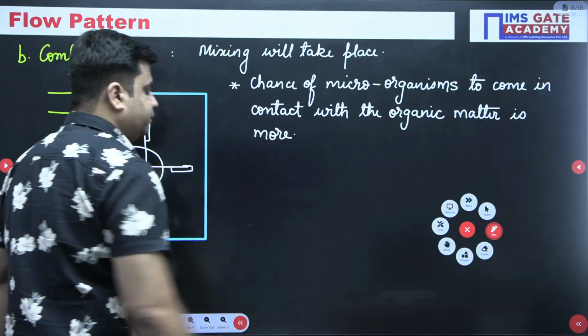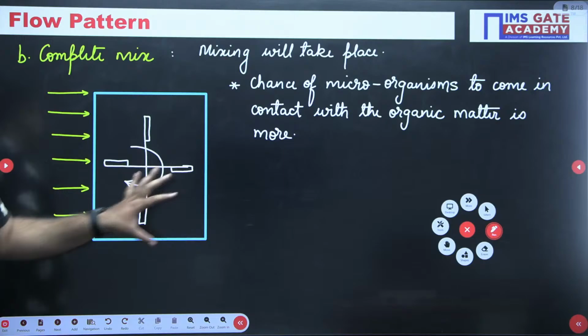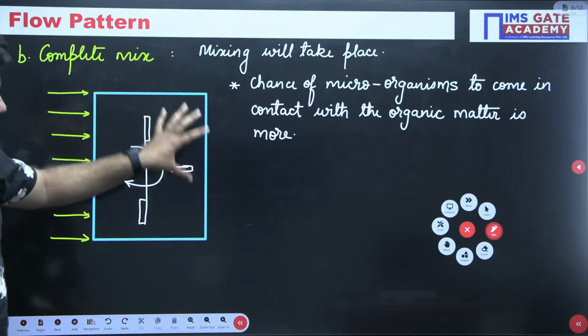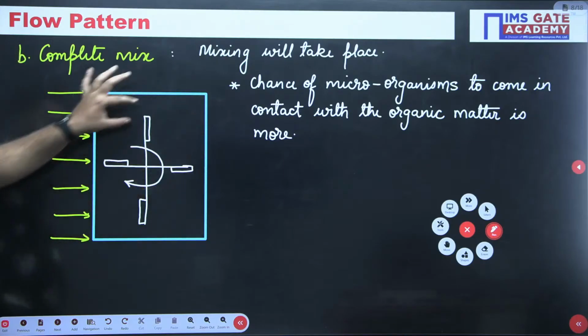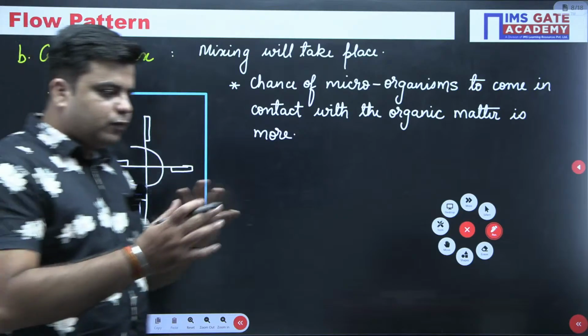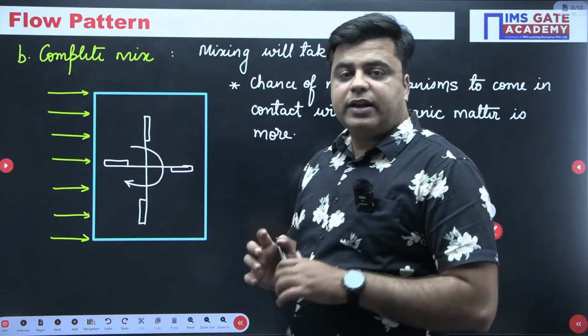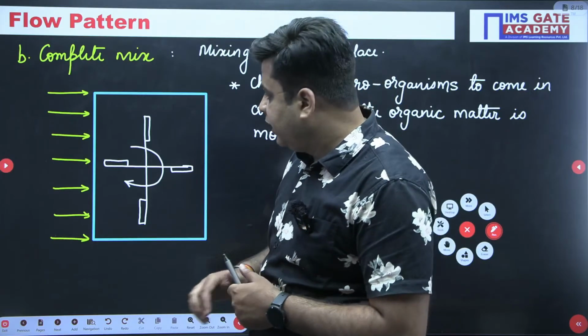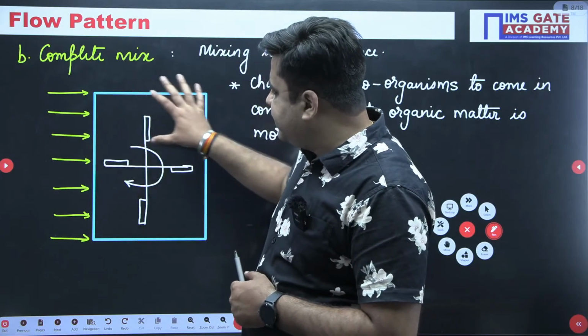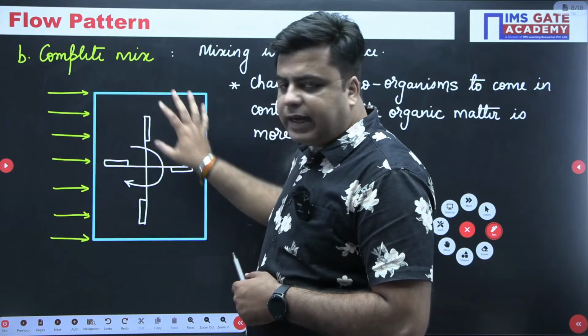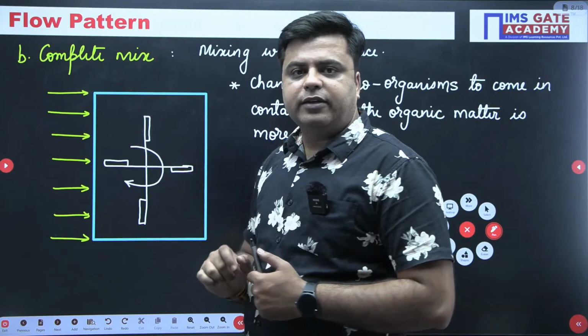Now next thing, it's a complete mix, which means this entire mixed liquor, the entire wastewater, is mixed. So whatever organic matter and microorganisms we are talking about, they will be uniformly distributed throughout the entire volume of this aeration tank.